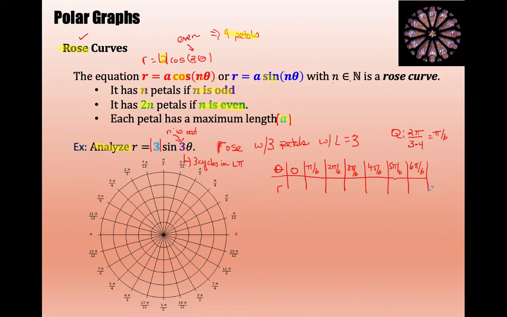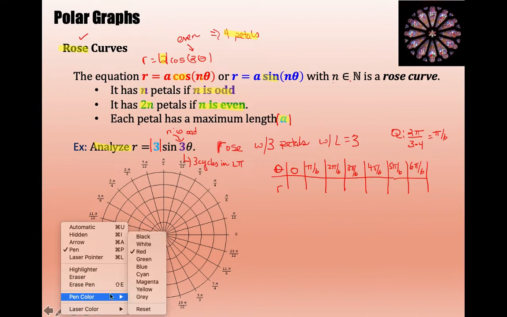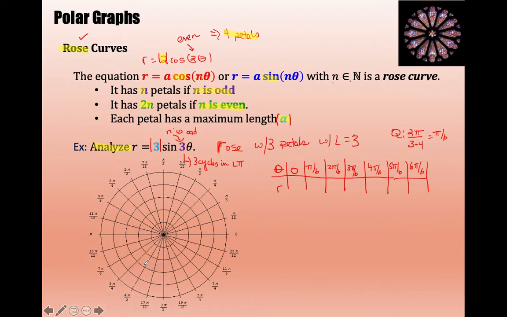And you might wonder why I'm stopping there. That's okay. Hopefully you see when I put in 0 that I do get 0. When I put in pi over 6, 3 times pi over 6 is pi over 2. Sine of pi over 2 is 1 times 3 is 3.